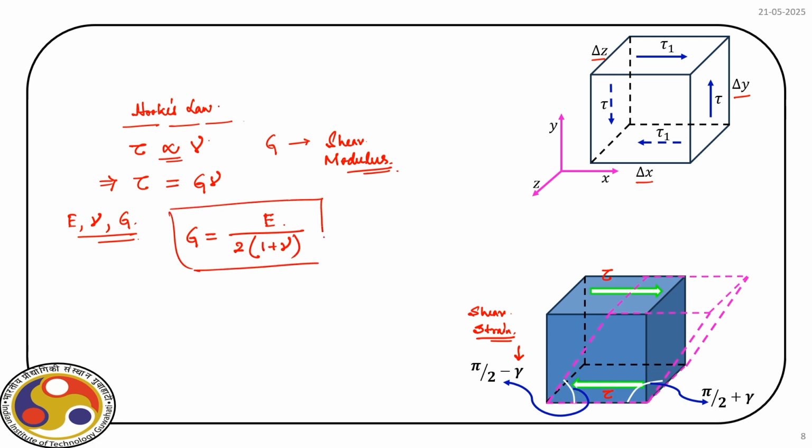We will actually derive this relation as we progress in the course, but for the time being let us consider this expression, which correlates shear modulus, Young's modulus and the Poisson's ratio of a particular material. These are very important material properties for homogeneous elastic isotropic material, and we have to remember these expressions for all our problems. We will solve some problems in the next class, and we will quantify these material parameters as we progress in this course.